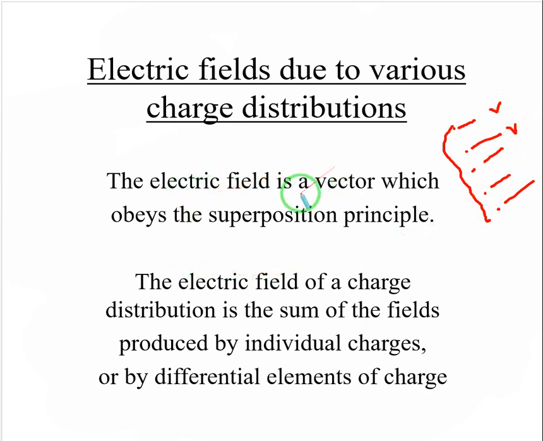The electric field is a vector which obeys the superposition principle, as I mentioned during a previous slide. So the electric field of a charge distribution is the sum of the electric fields produced by individual charges or by a differential element of a charge. Let this be charge 1, it will have electric field E1. This is charge 2, it has electric field E2, this is E3, 4, 5, 6 and so on.